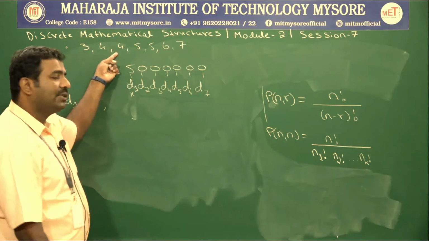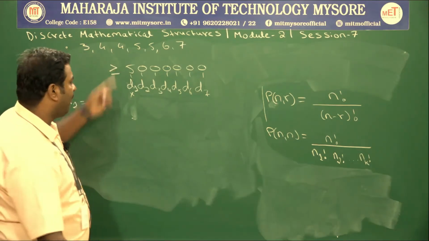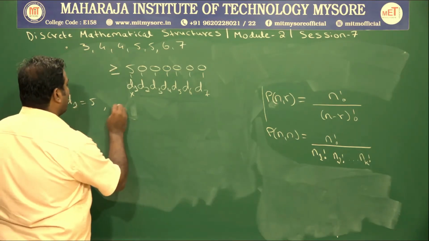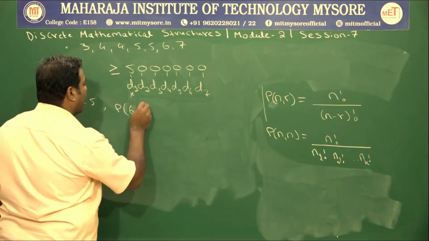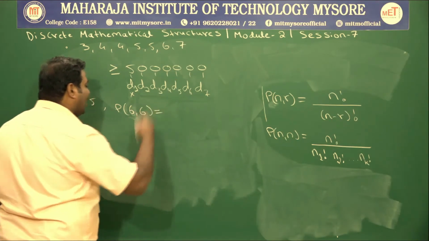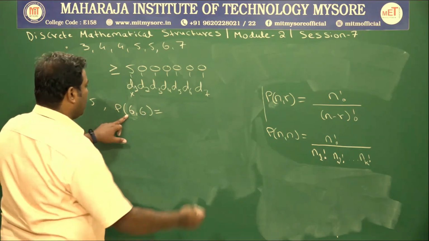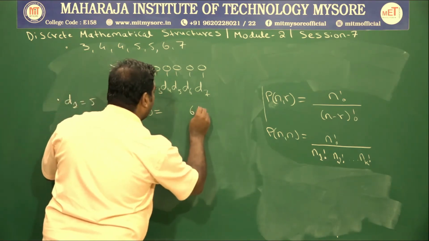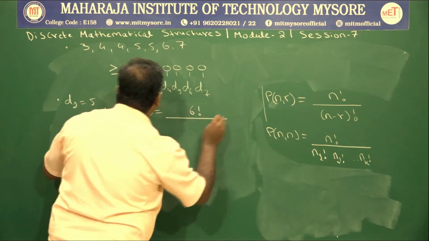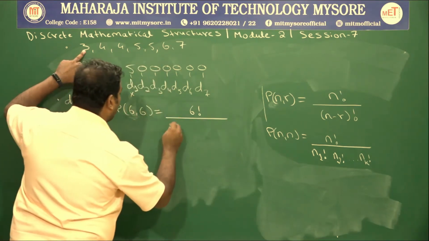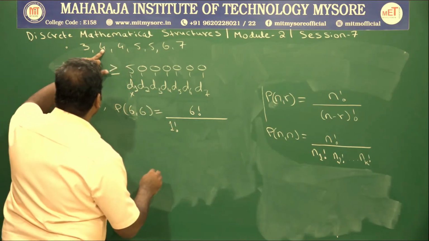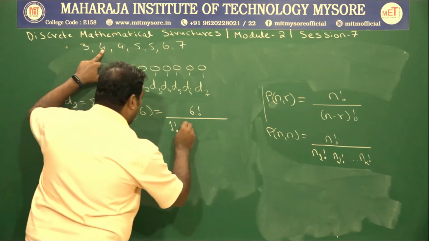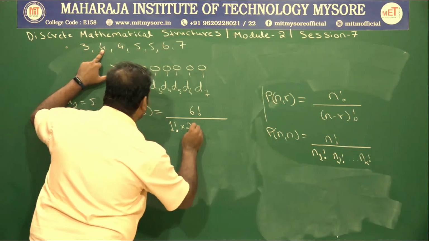With the available 6 more digits, I am going to have the permutation of 6, 6, which is equivalent to 6 factorial divided by the one occurrence of 3, hence 1 factorial, and there are 2 occurrences of 4, hence 2 factorial.